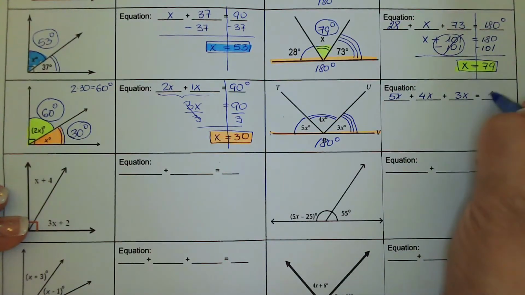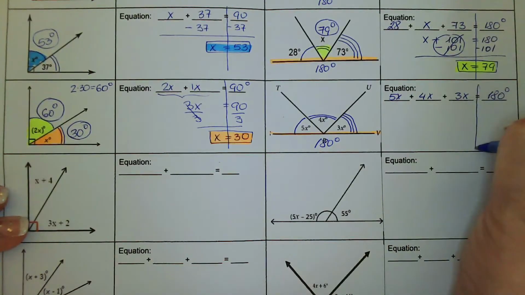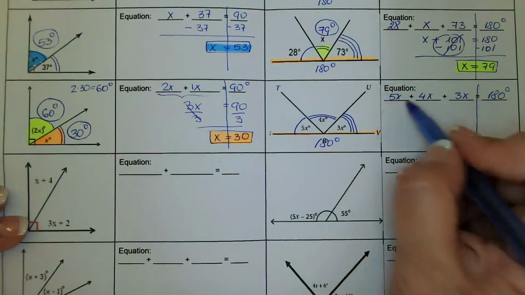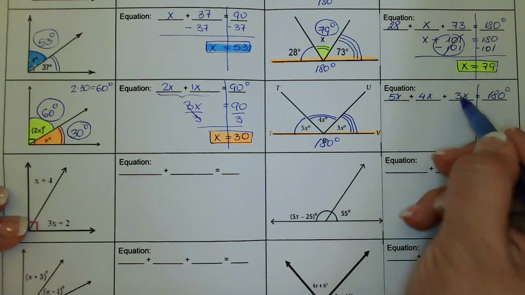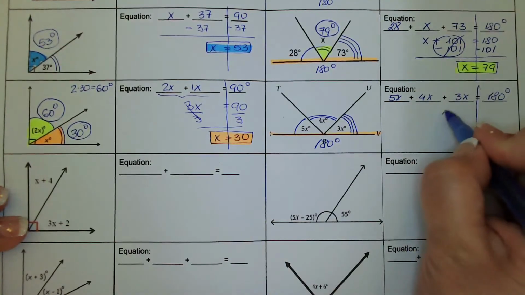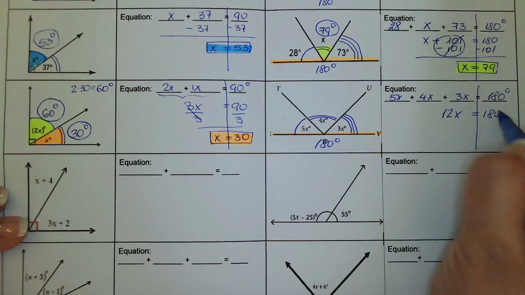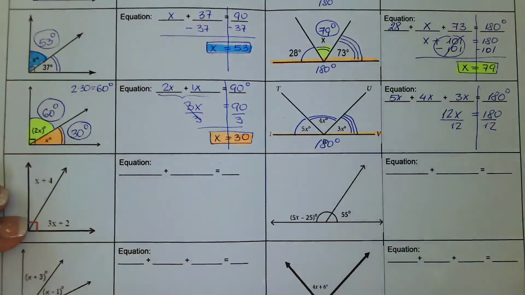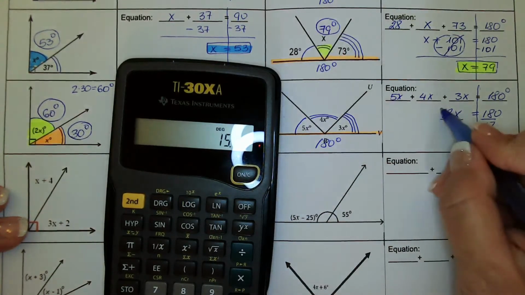Together, they have to add up to that straight line 180 degrees. Combine the like terms. 5 plus 4, 9, plus 3, 12x. Divide by 12. 15 is the x value.